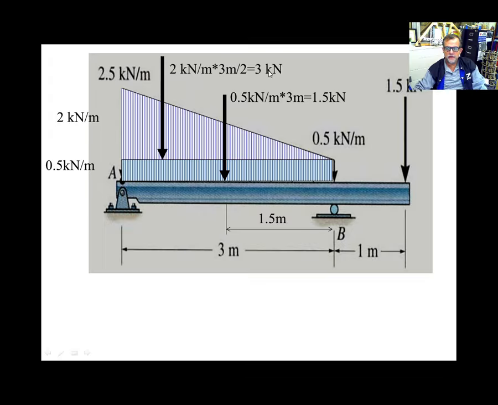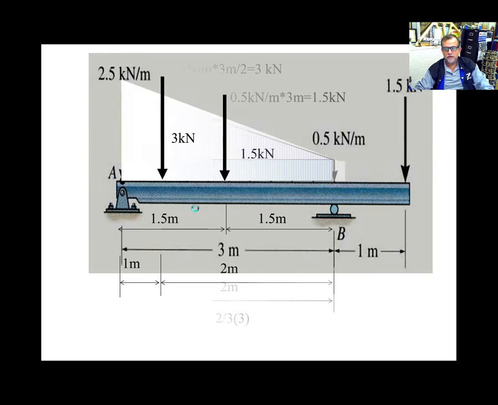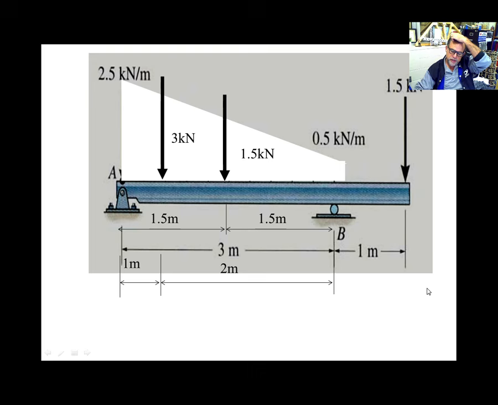That means that value is going to be 3 kilonewton, and once again, it's going to be somewhere in this line. And what is that somewhere? 1/3 of the base from the right angle, 2/3 of the base from the acute angle. That's basically what we have. Once you have that, forget about the triangle, forget about the rectangle, put your two loads over there, and proceed.